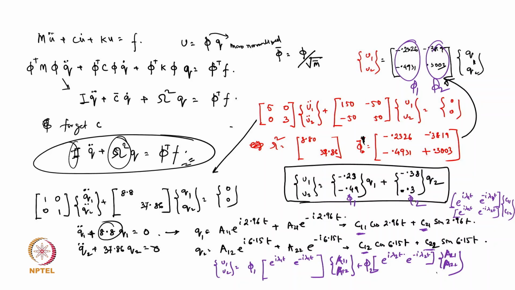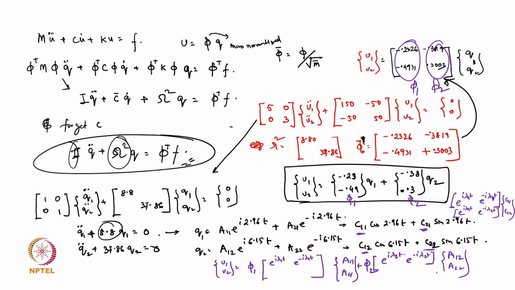It should be A11, A21, A12, A22. Okay. So what can we see? How many unknowns? Four unknowns, exactly. Other things are known.